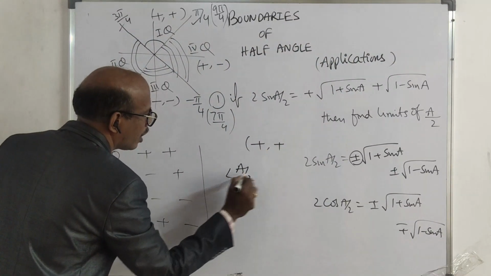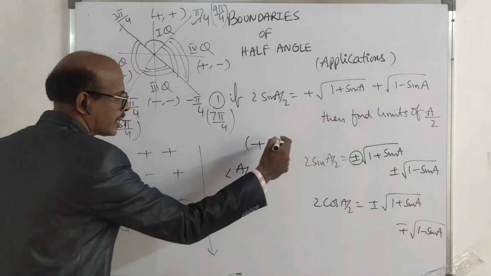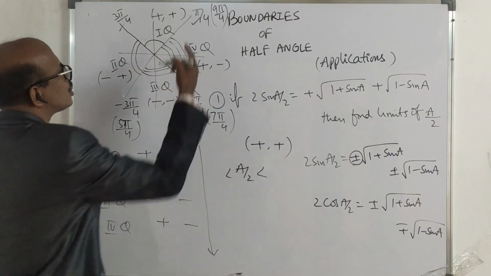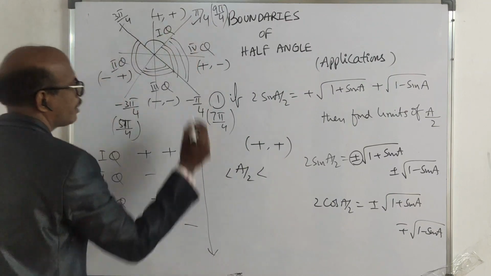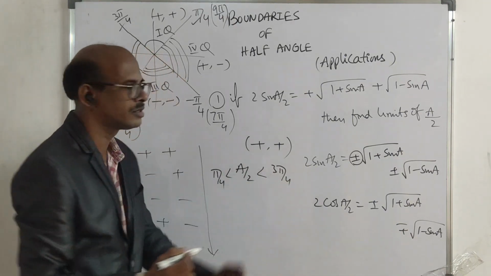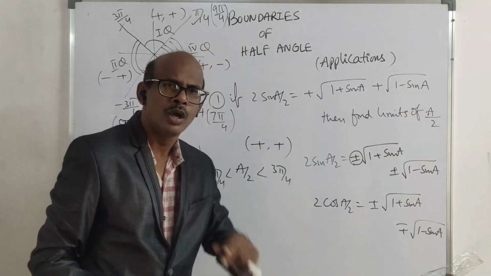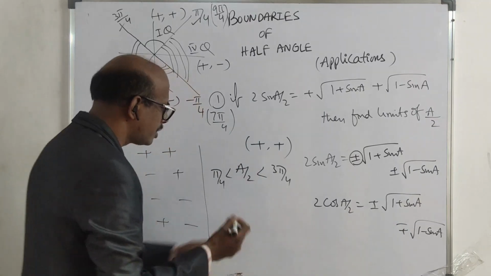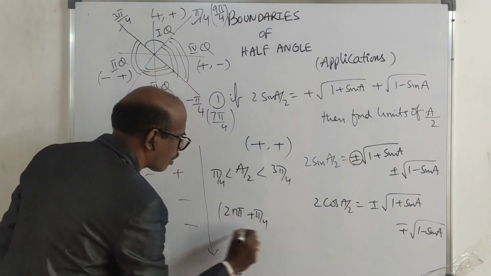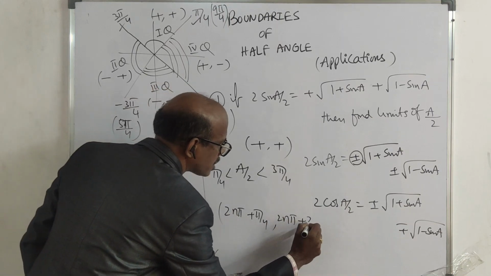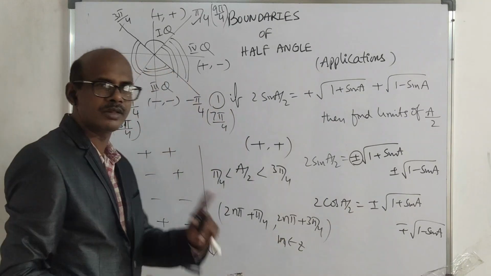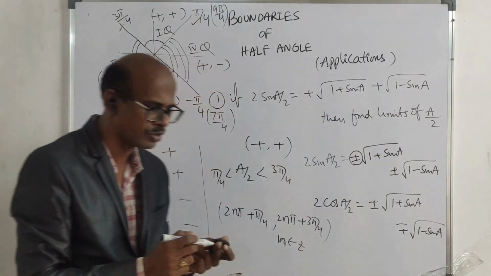So the limits of A by 2 are pi by 4 to 3 pi by 4. We make these limits into general values: 2n pi plus pi by 4 to 2n pi plus 3 pi by 4, where n belongs to Z. This is the answer for the limits of A by 2.